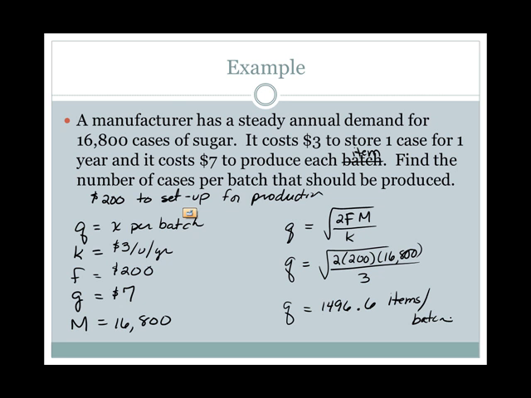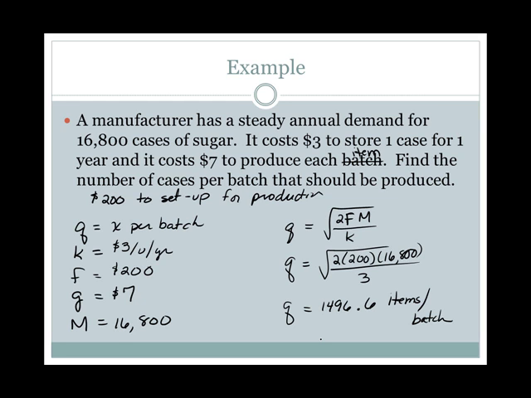Now, some would argue that you can't make 0.6 items, and in some cases you can, in some cases you can't, in some cases you could carry them over to the next day. What you would do is analyze 1496. You could do a bunch of batches at 1496, and then you would have one more batch with a little extra. And the companies would just look to see which one was cheaper.